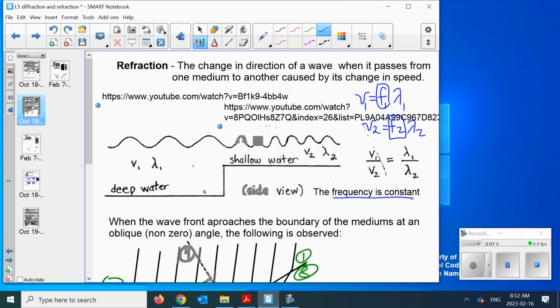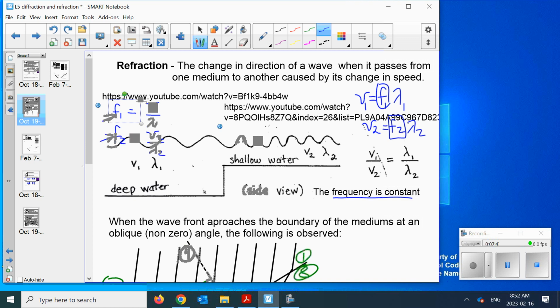This is a little bit of a math trick. If I solve the first equation for F1, I get V1 over lambda 1. And F in the second situation is V2 over lambda 2. I say that this frequency and this frequency are equal to each other.